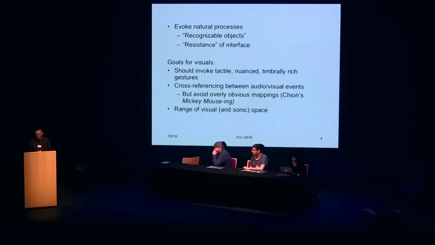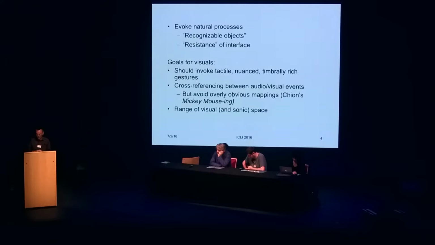So, some goals for the visuals: they should evoke the kind of materials that free improvisers tend to work with. They should be very tactile and nuanced, and the gestures should be temporally very rich. I usually try to avoid really simple mappings.